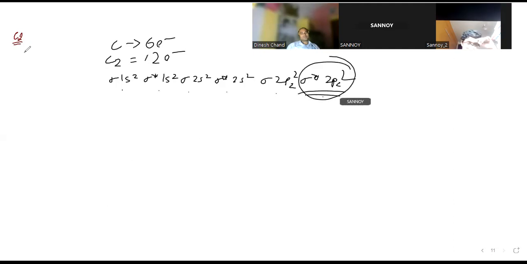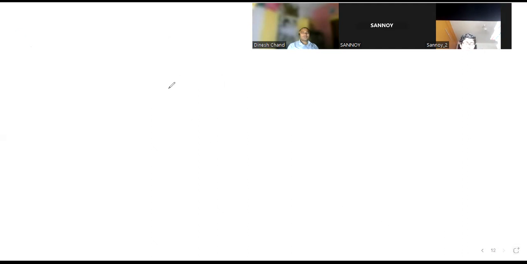How can you make this? Total 12 electrons. 2 to 4 to 6 to 8 to 10 to 12. And this is also having bond order 0. So means the diagram will be there. Yeah, the energy level diagram is there. Sir, can you show once how to make the diagram for these things? For C2.